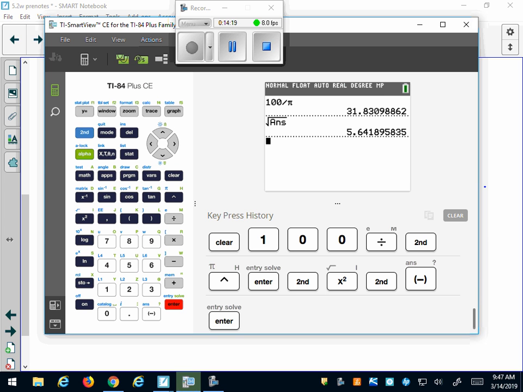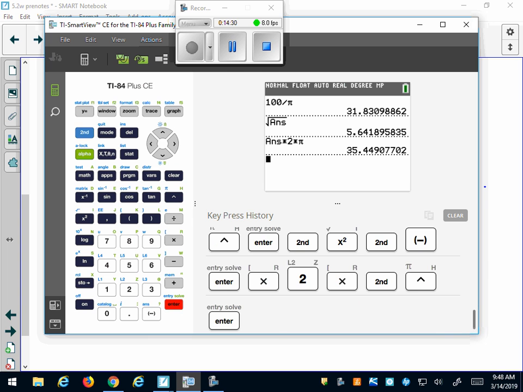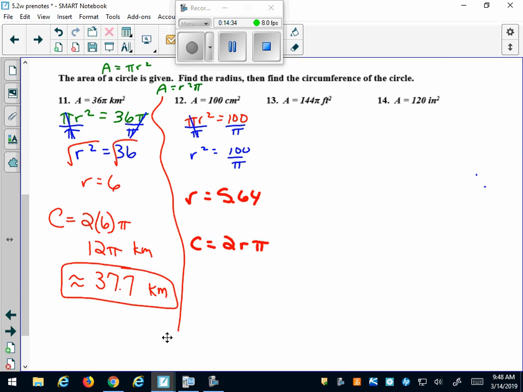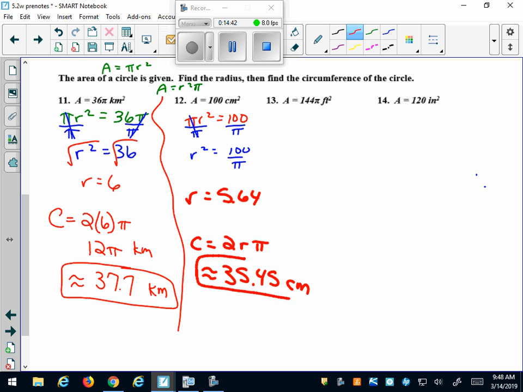I would just consider the decimal answer. So that's our radius. We're going to do that times 2 times pi. And that should give us our circumference, 35.45. Again, plain centimeters for circumference.